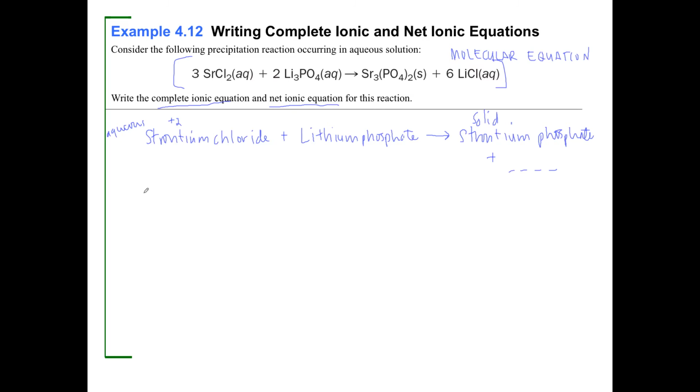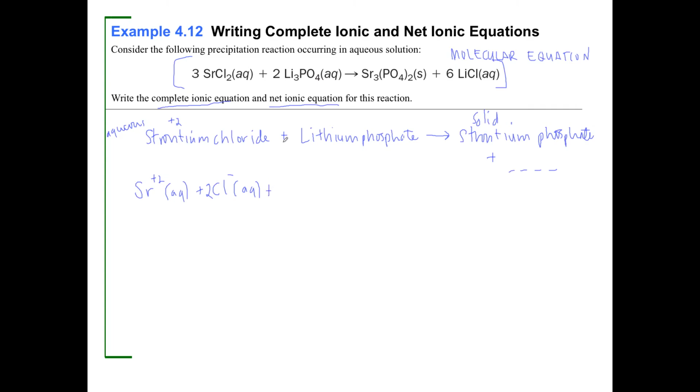All right, now write the complete ionic equation. So if this is aqueous, that means that strontium comes in as a 2+, and it's aqueous, and the chloride is not with it, right? And there's 2 of them.